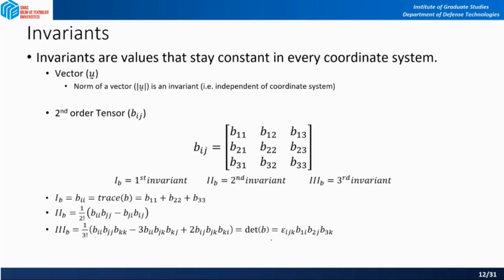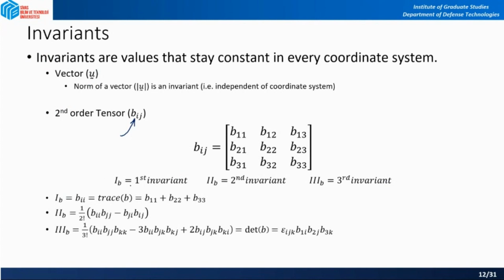So these invariants, as you see in this slide, are values that stay constant in every coordinate system. And we said the norm of a vector, which is its magnitude, is an invariant. And for the second order tensor, like a general Bij tensor, which is like this, B1 1, B1 2, B1 3, we will define actually three invariants.